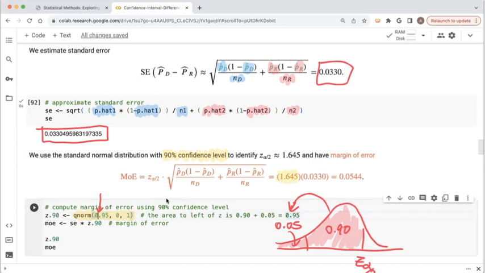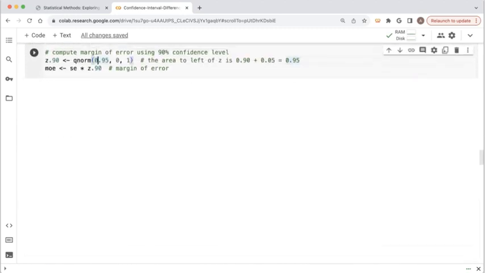So the margin of error is going to be that Z alpha over 2 value times the standard error that we calculated above. And so we get a margin of error for this 90% confidence interval, which is 0.0544.